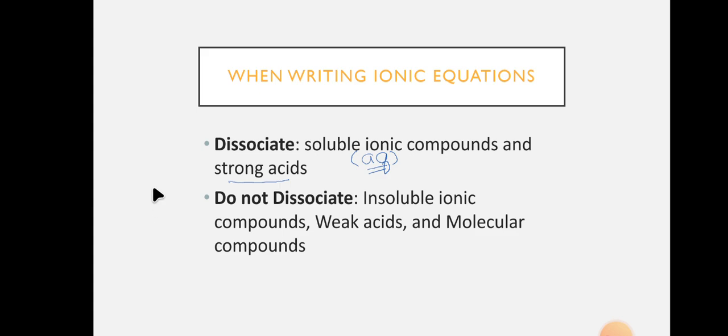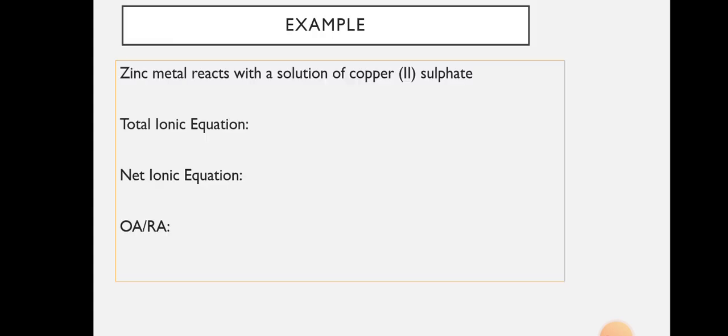So there's 6 acids above your gray line. Now what does not dissociate, meaning if you see it, you're not going to break it up into ions: insoluble ionic compounds, which means it's an ionic compound in the solid state; weak acids, so below the gray line on pages 8 and 9; and molecular compounds. We do not break them apart, they stay together.